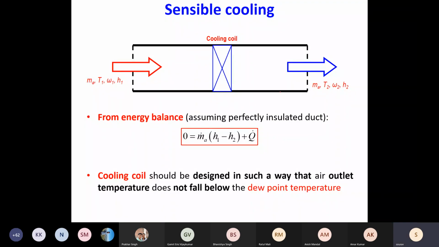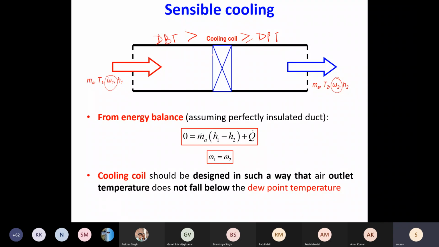So this is the case of sensible cooling, where your cooling coil temperature has to be greater than or equal to the dew point temperature, but of course less than your dry bulb temperature. Air comes in, passes through the cooling coil, gets cooler, comes out. No change in omega. That is the most important thing. Omega 1 equals omega 2.